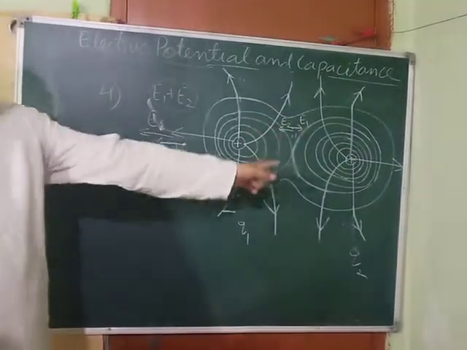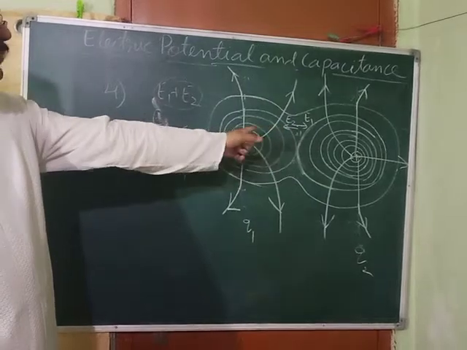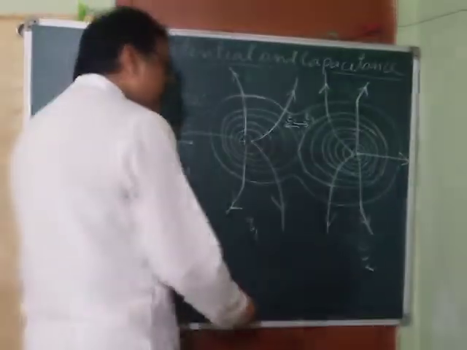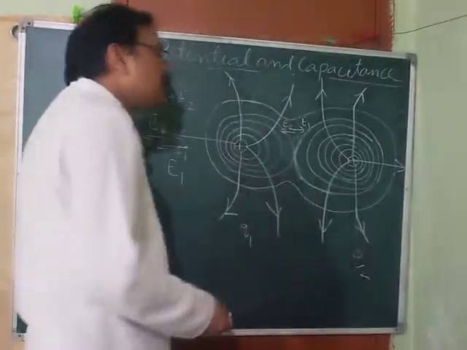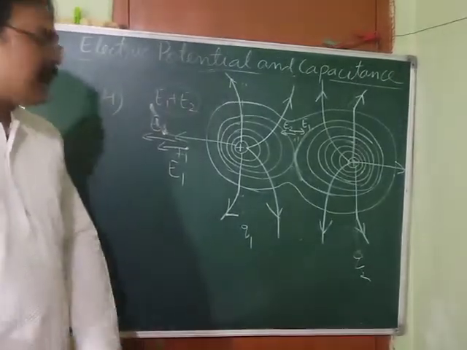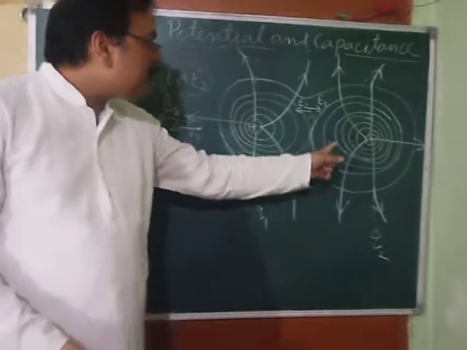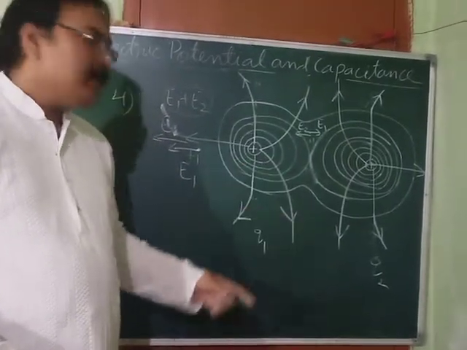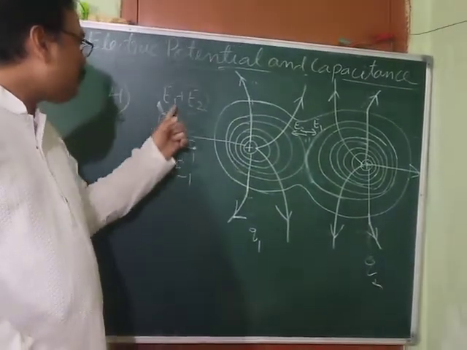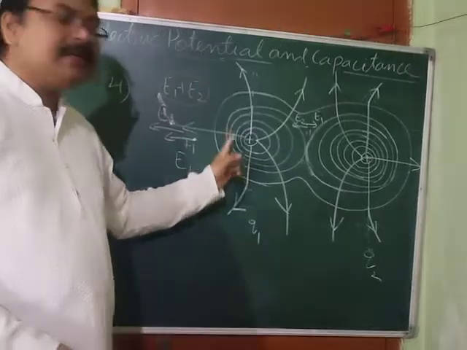What you find is both electric fields are in opposite directions. So you will get either E1 minus E2 or E2 minus E1. That means the electric field will be weaker in this area, and that's why you find the spacing is more. In this area, the electric field will be stronger, and that's why you find spacing is less.